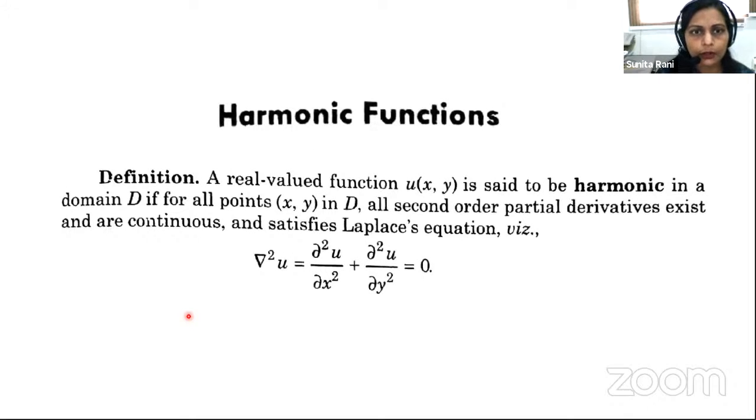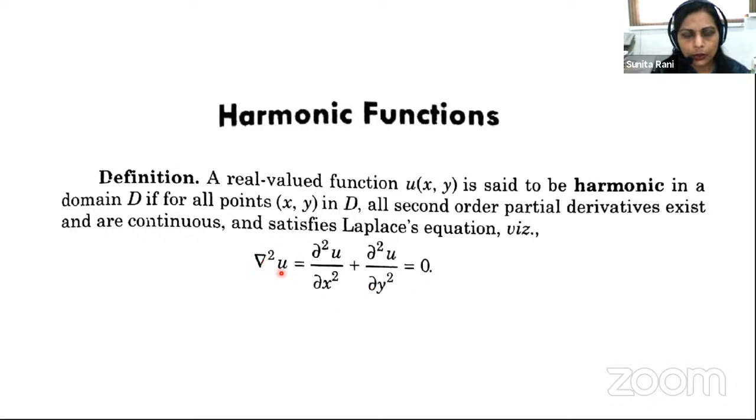Harmonic functions. A real valued function u(x,y). The function w = f(z) = u + iv, where u is real valued, is said to be harmonic when there exist second order partial derivatives, curly square u by curly x square and curly square u by curly y square, and after adding these derivatives we get zero.